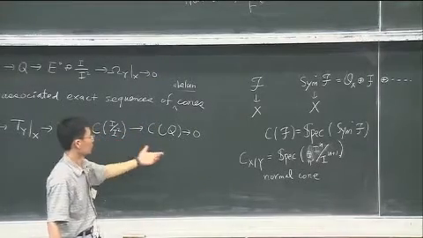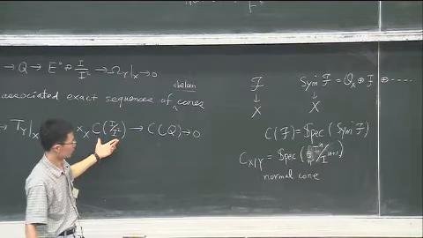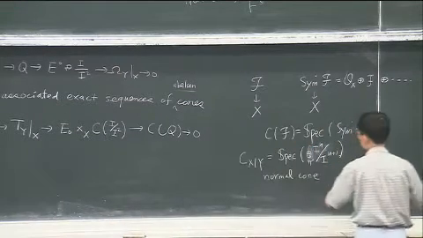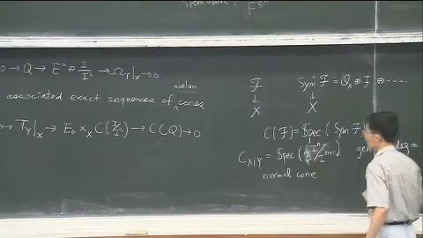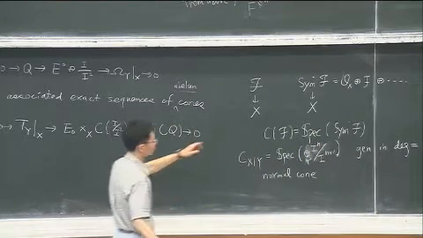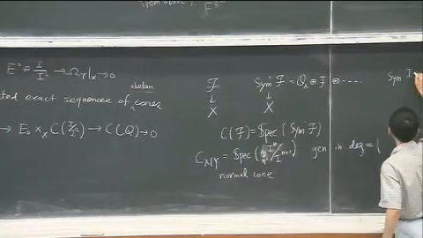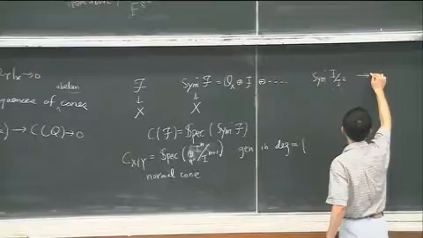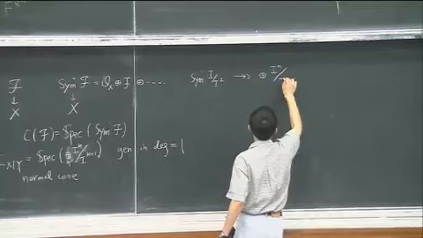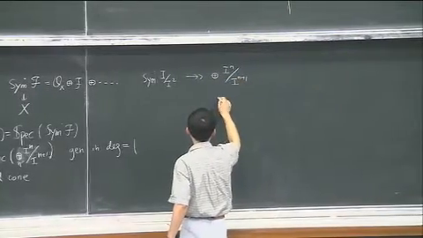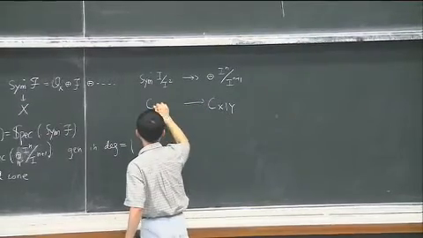And this is, well, not just in Fulton's book, but you can find it in Fulton's book. And this is certain, if this is all generated in degree 1, so certainly this maps to that, and therefore the corresponding cone.